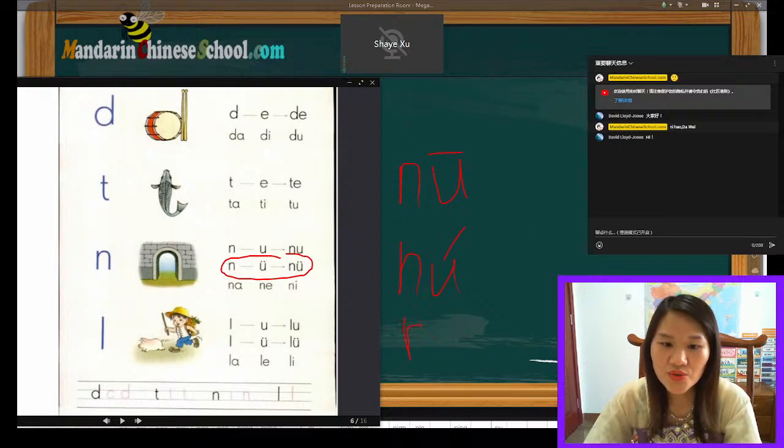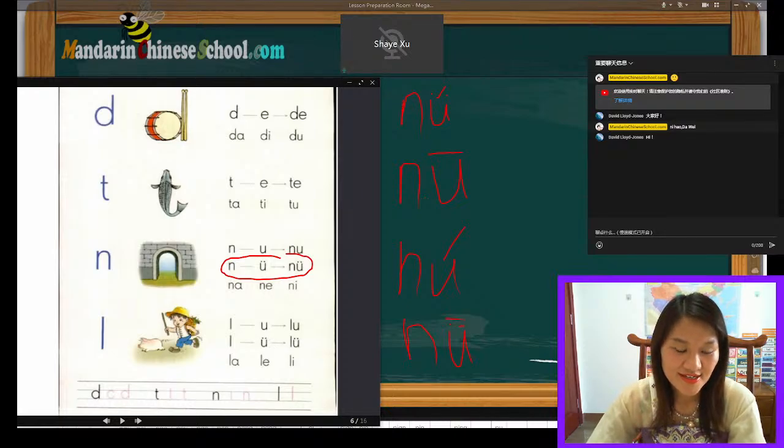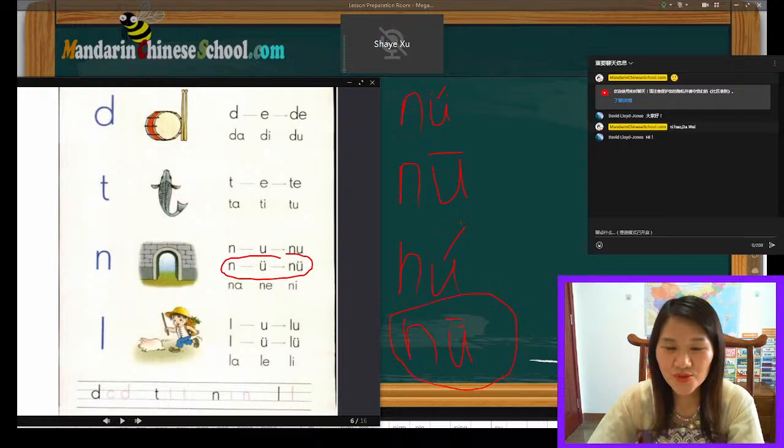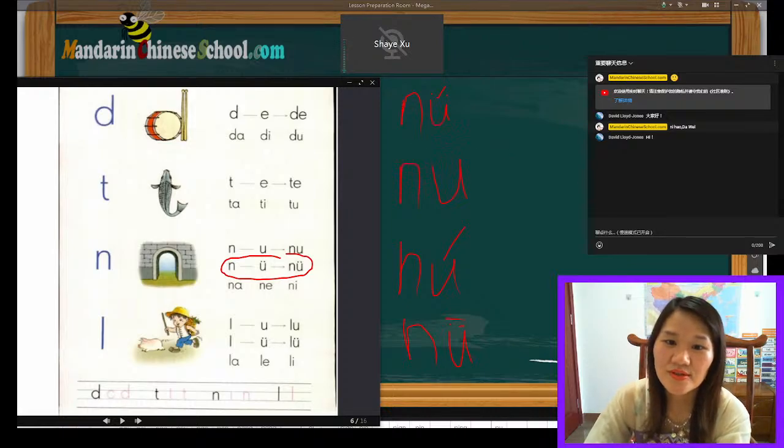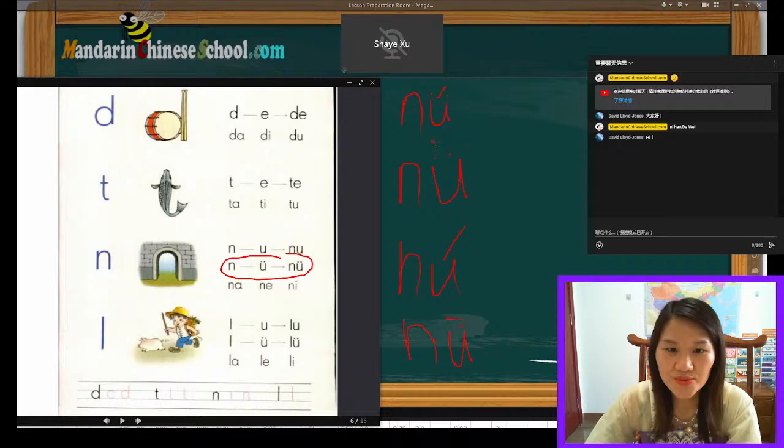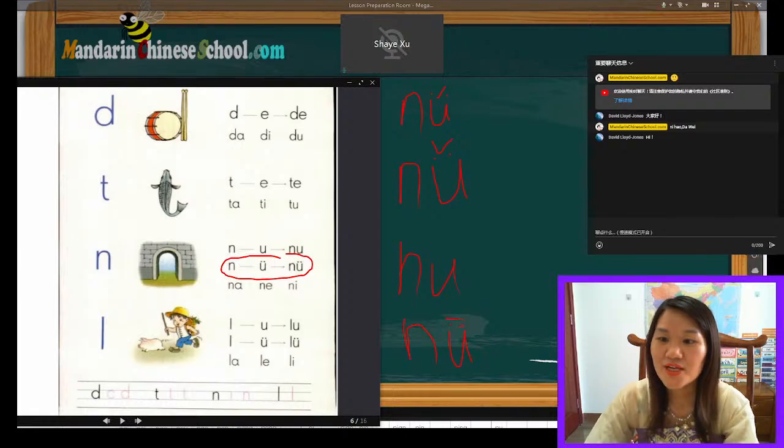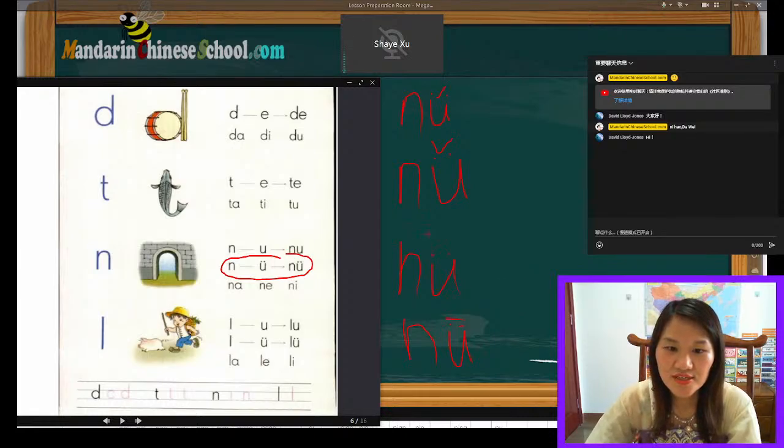you say nü. With two dots, 女，你可以试试吗？Can you try? 女，女。And third tone, 女 means girl, female, right? 女 And third tone 女.